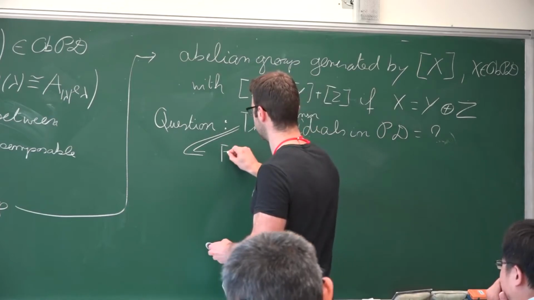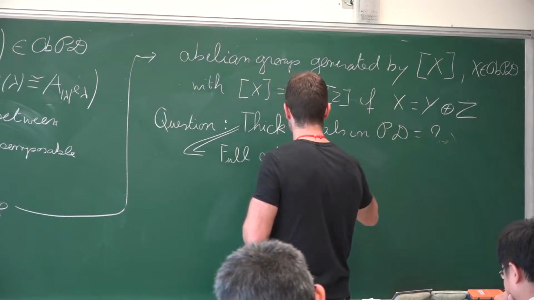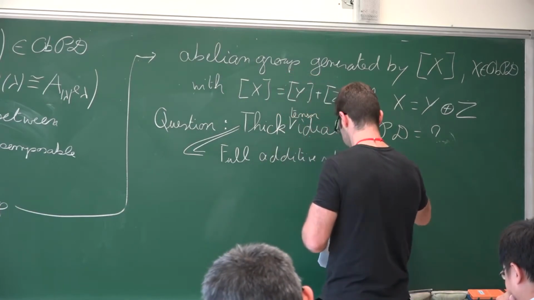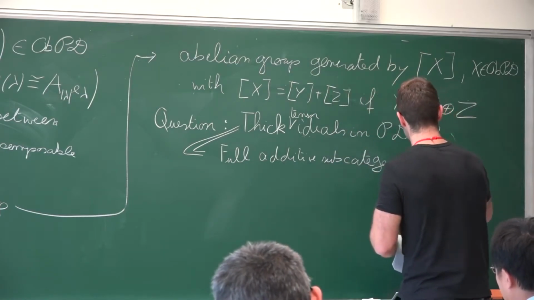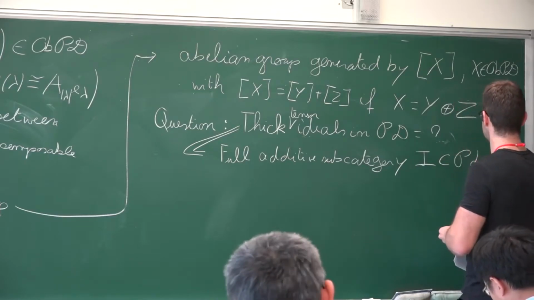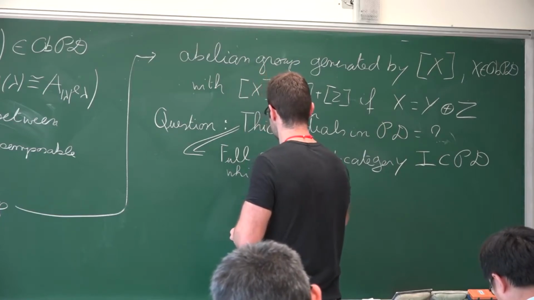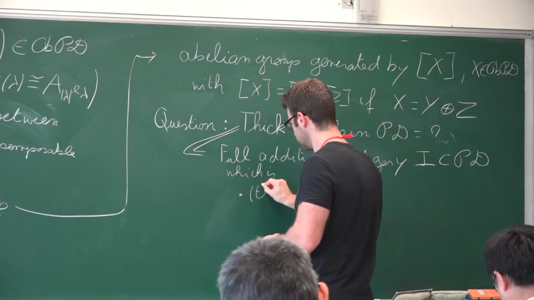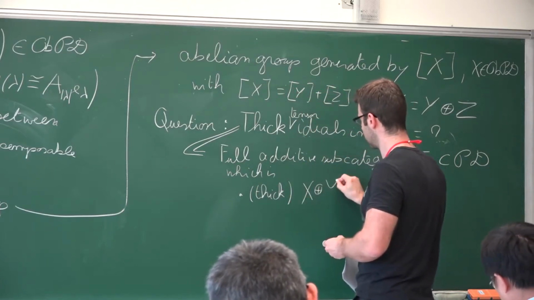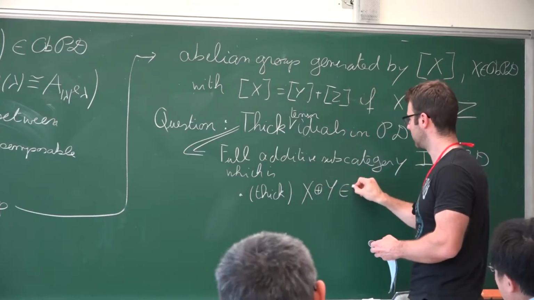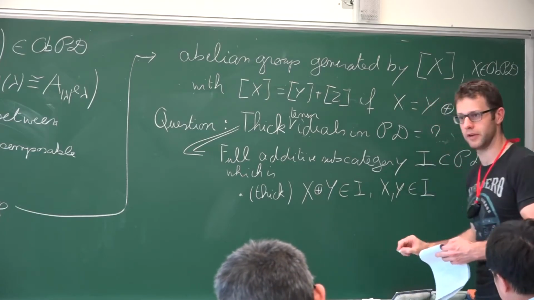But it is a full additive subcategory, let's say I in PD, which is on the one hand what you might call thick, in the sense that if the direct sum of x and y is in the ideal, then x and y themselves are both in there as well.